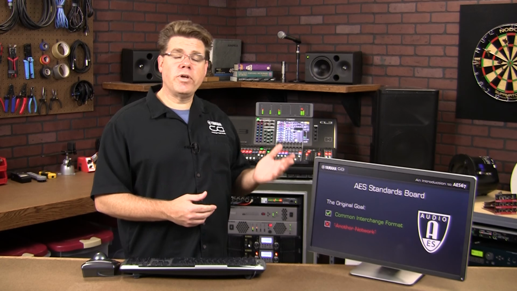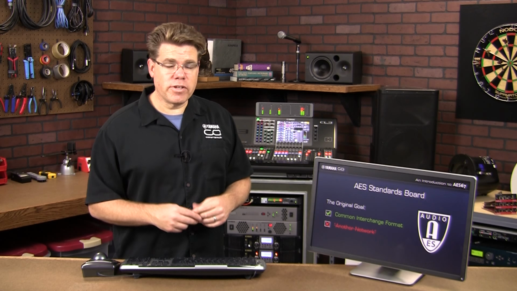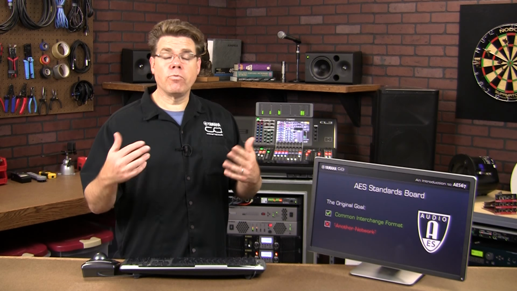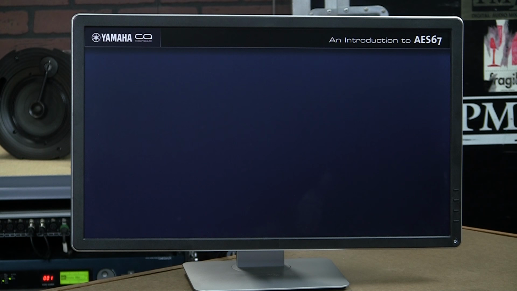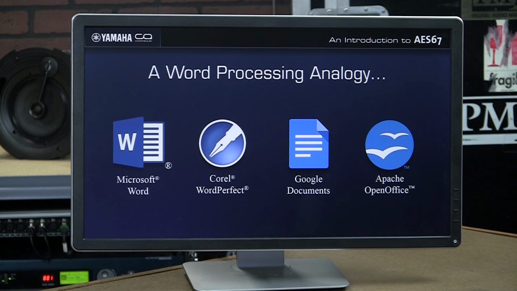Now, this difference between a network solution and an interoperability standard has precedent. Let me make an analogy using word processors, if you roll back to maybe the mid-2000s. We have many solutions available for word processing, such as Microsoft Word, Corel WordPerfect, Google Documents, or OpenOffice.